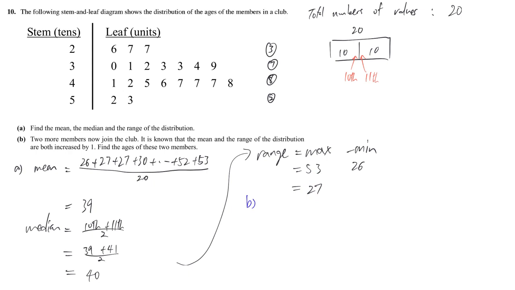It's a very good habit to write down the given information, given that the new mean is equal to 40, and at the same time, the new range is equal to 28. Now the problem is how we can evaluate the new mean here.